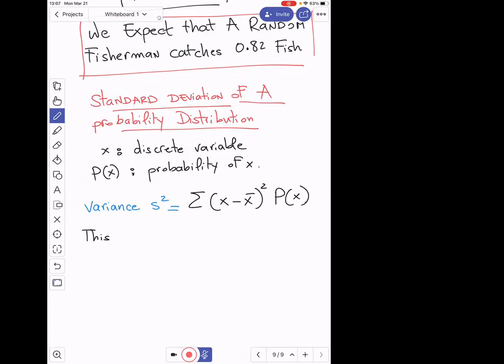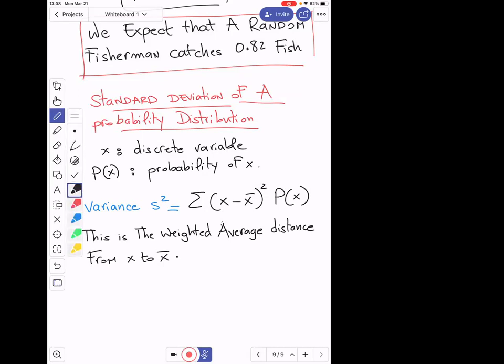So this is the weighted average distance from the variable X to X bar.